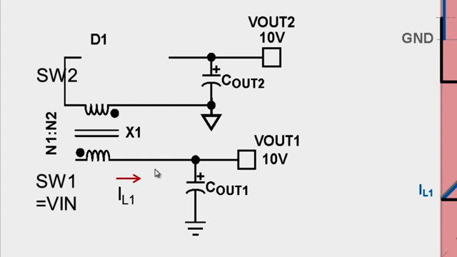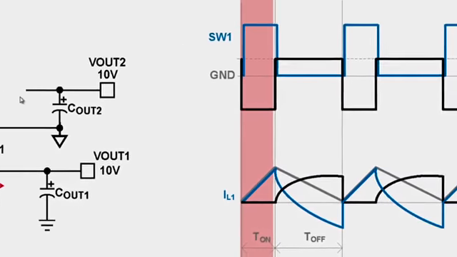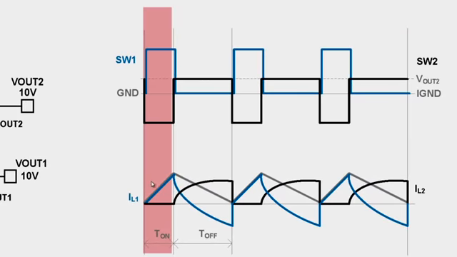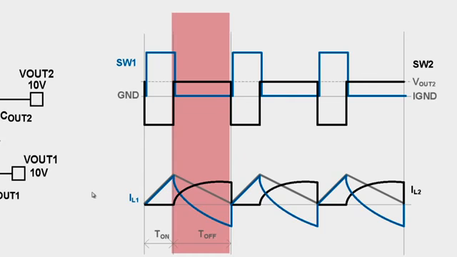During this time, the inductor current charges the output capacitor of the primary output, and because of the polarities of the diode, the secondary diode is reverse biased. During on time, the operation of the primary side is identical to a buck converter and the secondary current is 0.